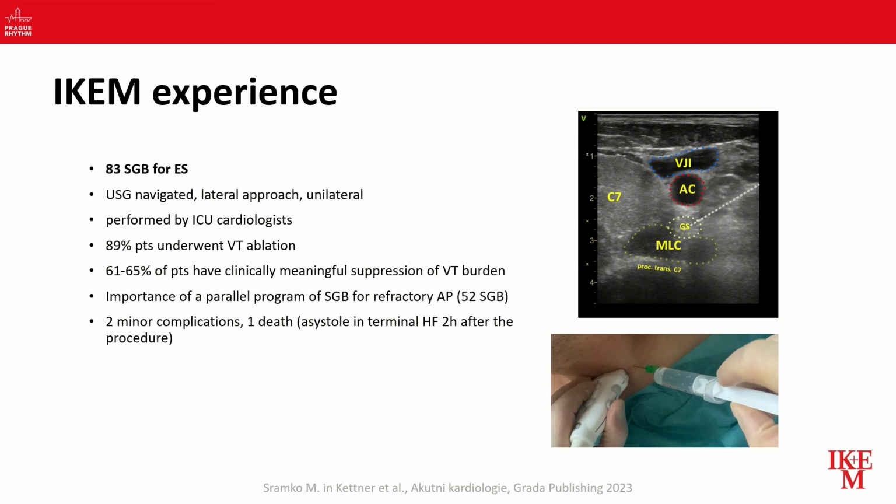And what I found very useful also for someone who would like to pick up this procedure is that in parallel we also have a program of stellate ganglion blockade for refractory angina pectoris. And this is really a nice clinical situation to prove that you are doing the procedure very well, because most of the patients are very symptomatic.